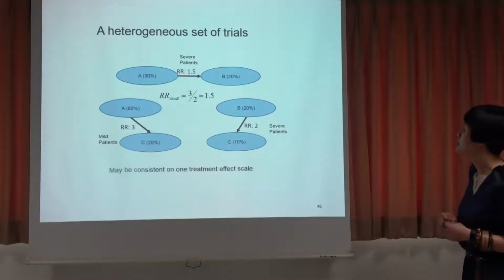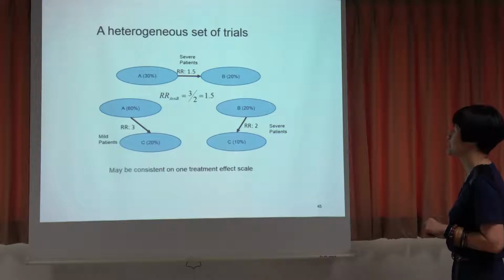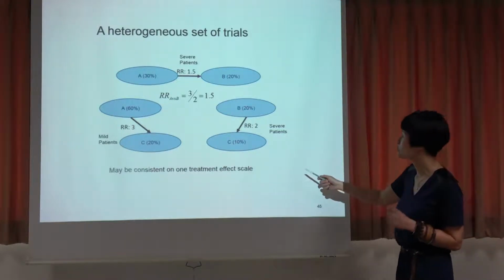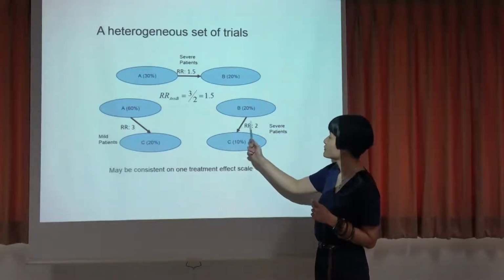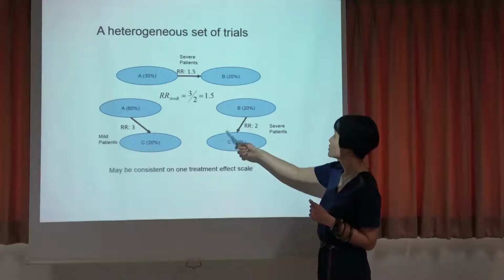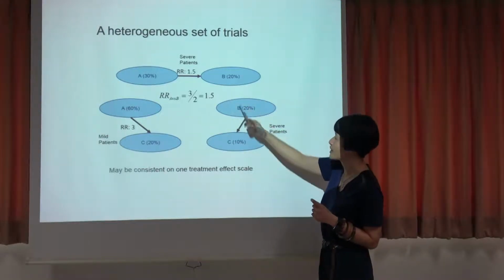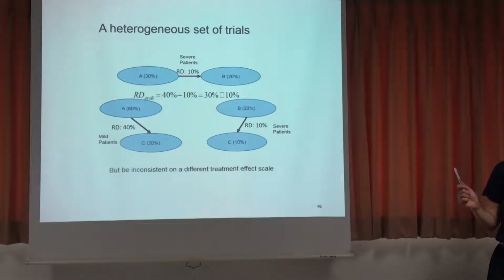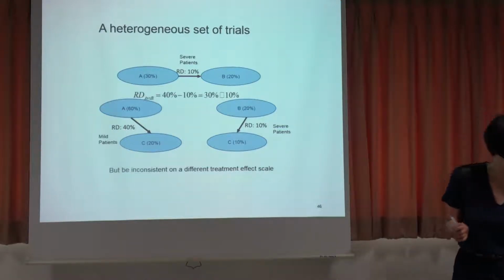So a heterogeneous set of trials may be consistent on one effect scale, for example the relative risk scale. So it is also possible that you have a heterogeneous set of trials, but it will still give you consistent treatment effect on the relative scale in this example. But if you look at it on a risk difference scale, it might not give you the same.